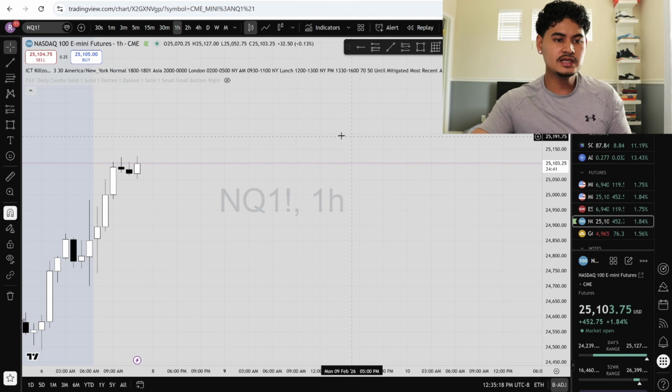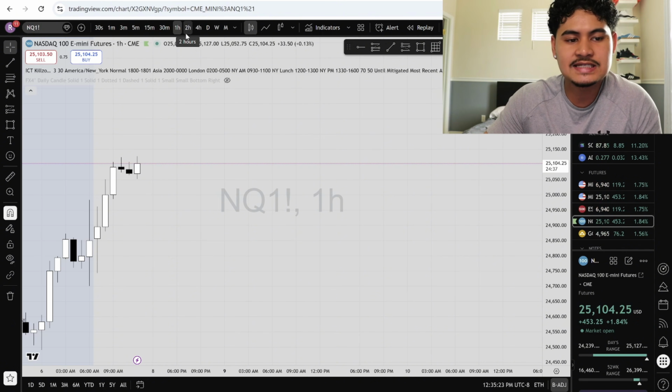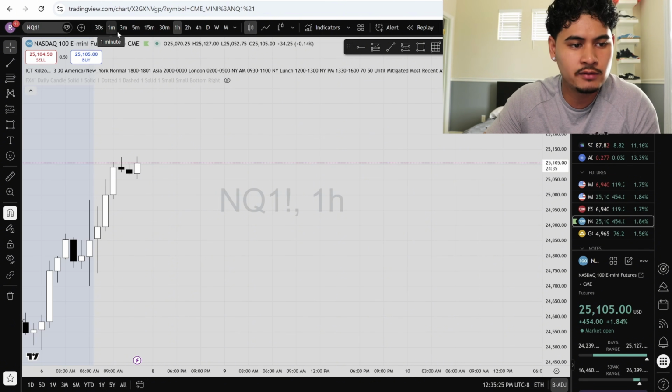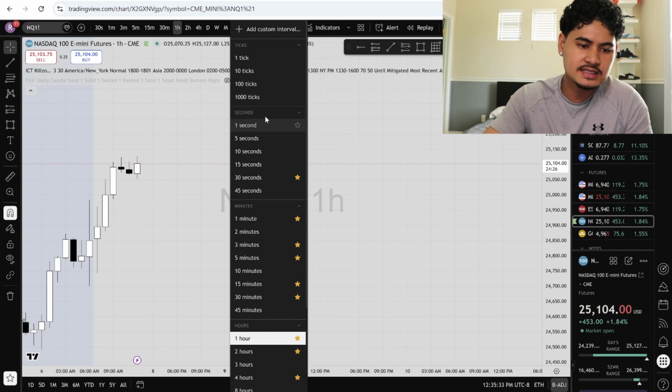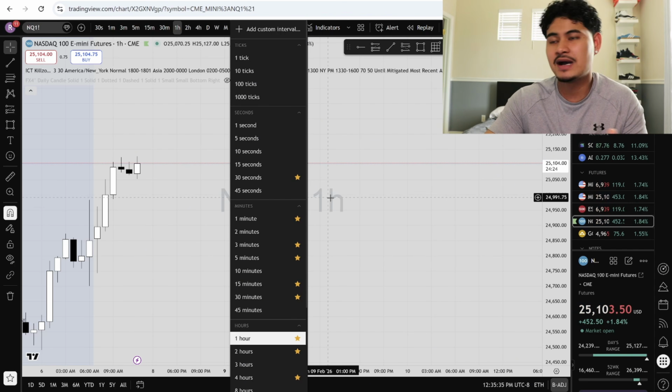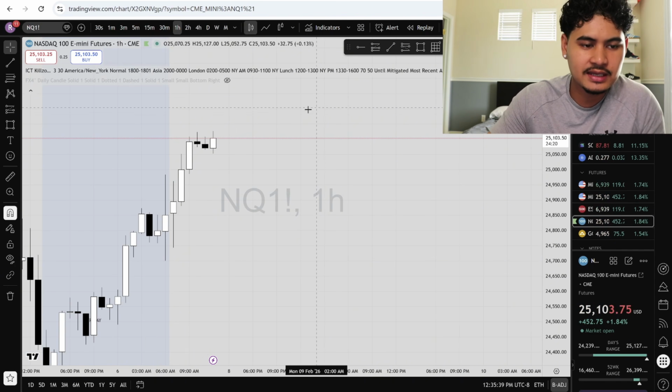So if you take a look right up in this corner right here, zoom in, we have all these time frames right here: 30 seconds, 1 minute, 3 minute, 5 minute, all the way up to 4 hour, daily, weekly, monthly. If you click on this drop down right here, we have all these time frames. This is what I mean by time frame, because candlesticks form within a certain time frame.